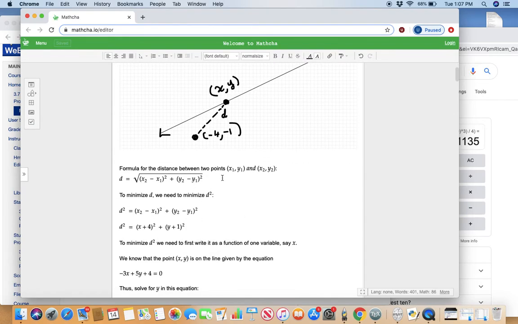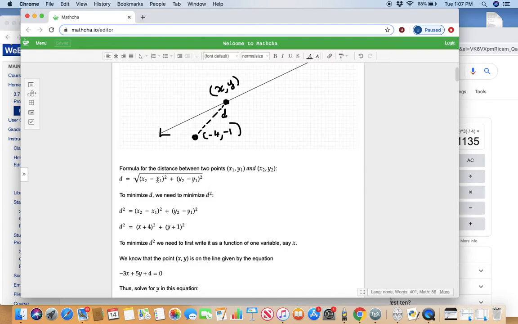Well, let's remind ourselves. If x1, y1 and x2, y2 are 2 points, the distance between these 2 points is given by the square root of x2 minus x1 quantity squared plus y2 minus y1 quantity squared. To minimize this distance, which has a square root, it's easier to minimize the square.